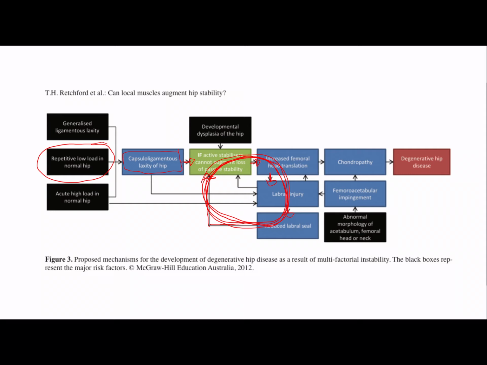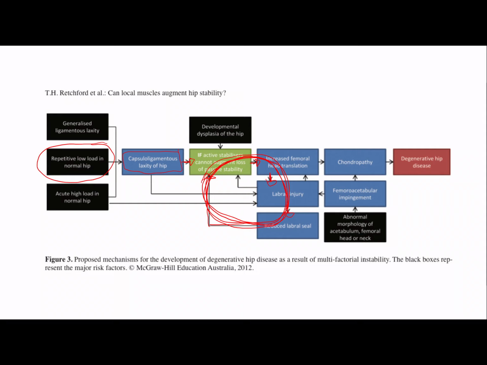So those are two big mechanisms that are very common in cutting athletes, right? So sports like hockey, basketball, soccer, where they typically have labrum injuries. One of them is likely caused, part of it is likely caused from the repetitive load that we put on the hip, causing the ligament laxity, and then jumping into the cycle of labrum injury.